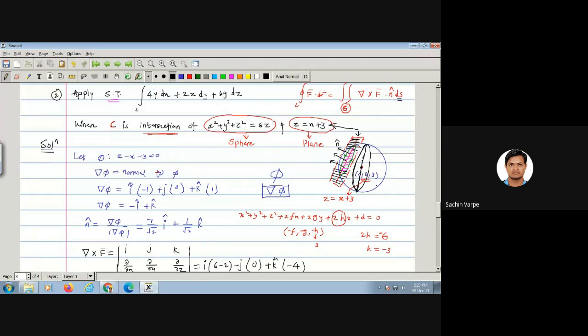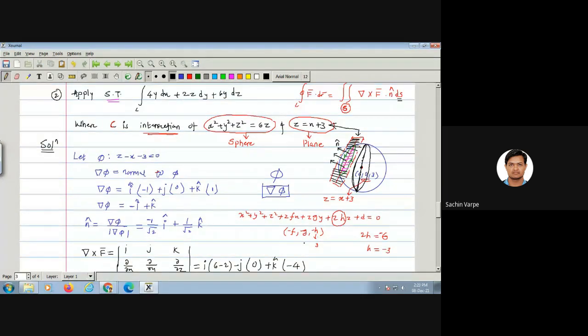So what is the radius of sphere here? Sphere का radius कितना है? What is the formula to find the radius of the sphere? Just like the center. Sphere का formula क्या है?